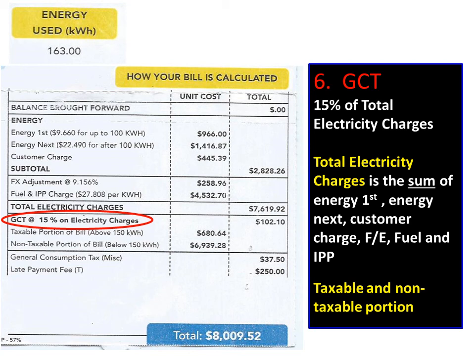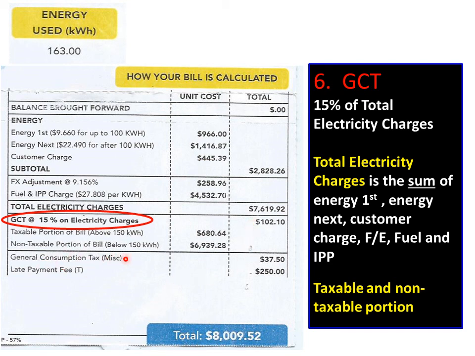So the GCT is 15% of electricity charges, and we're looking at the taxable portion, which is the $680.64. That's the amount that we're going to be taxing, all right? So after you find the 15% of 680, you get $102.10. Remember, watch the videos that are linked above that discuss how to calculate percentages.